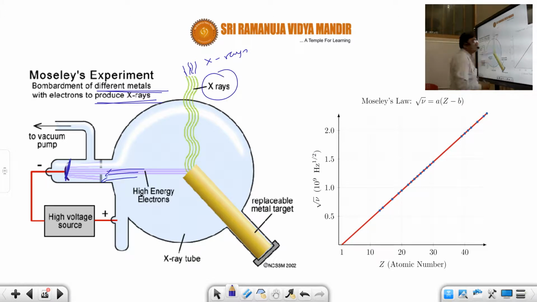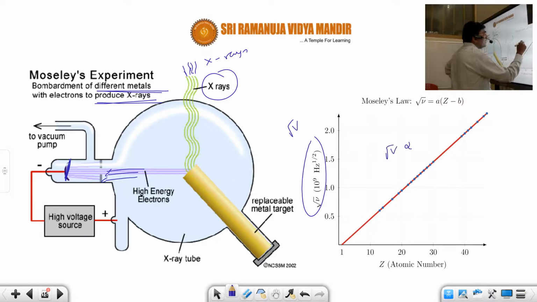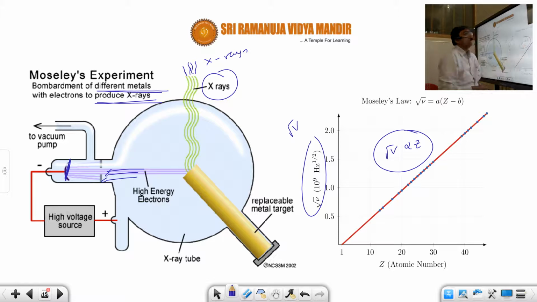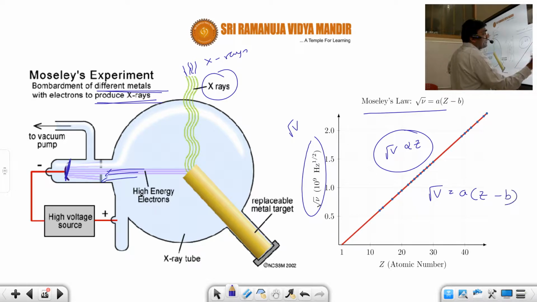These are measured actually. When they are measured, the frequency of the X-rays, root nu, is directly proportional to Z. That means there is a relation between the frequency and atomic number. This is what he had identified. Then he has given a law, root nu, where frequency is equal to a into Z minus b, and a and b are constants.